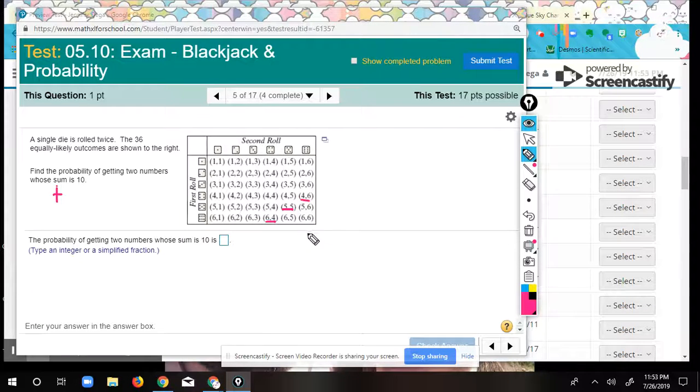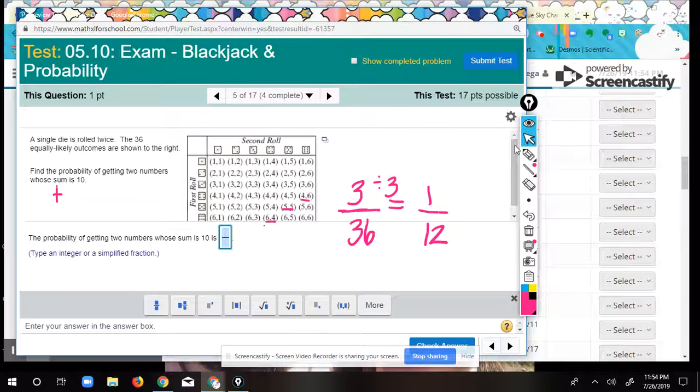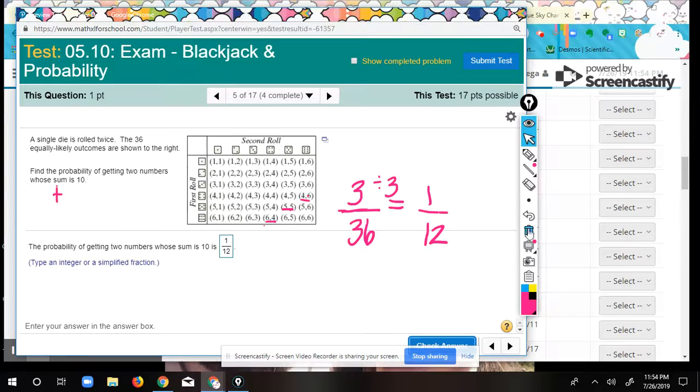I think those are the only ways to get 10. So there are 3 different ways to get 10 out of 36 possibilities. When you divide by 3, that leaves you with 1/12. Yay.